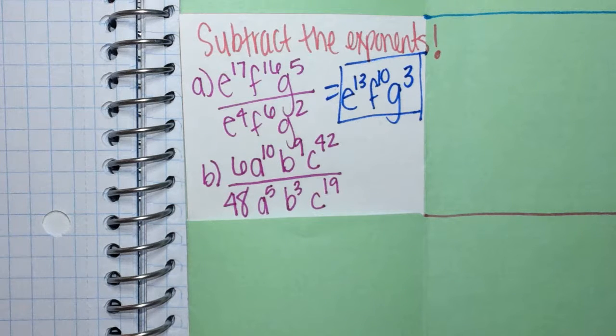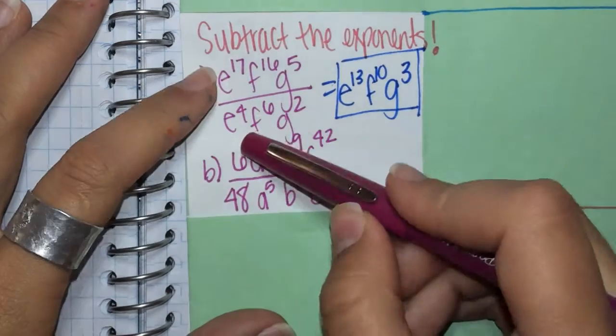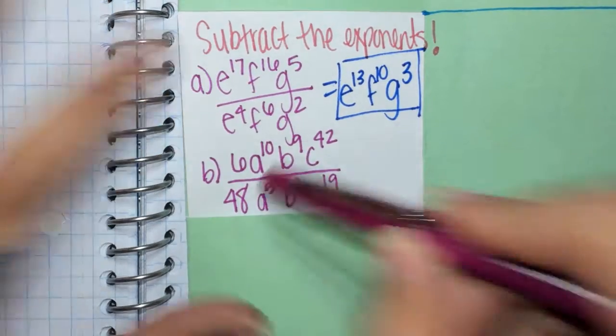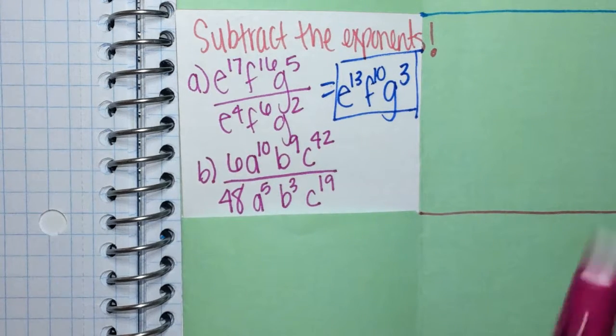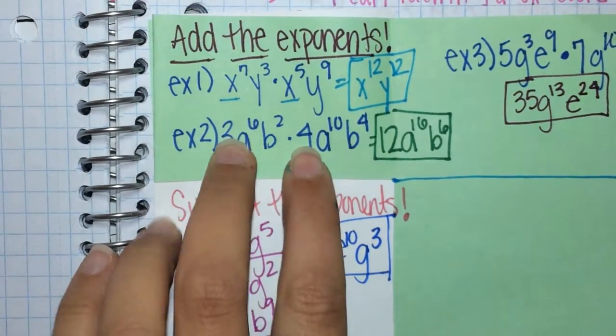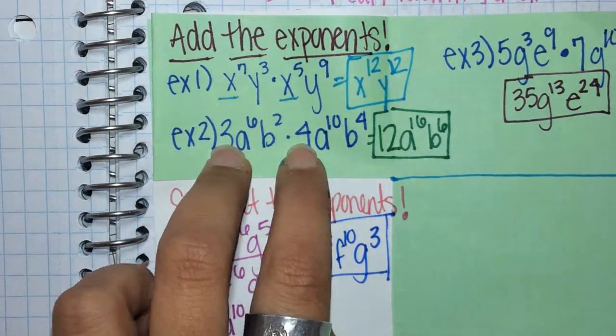Now, what is 6 divided by 48? You divide the coefficients. We're going to write it as a fraction because we are fancy. Do you guys remember, here we multiplied the coefficients, right?